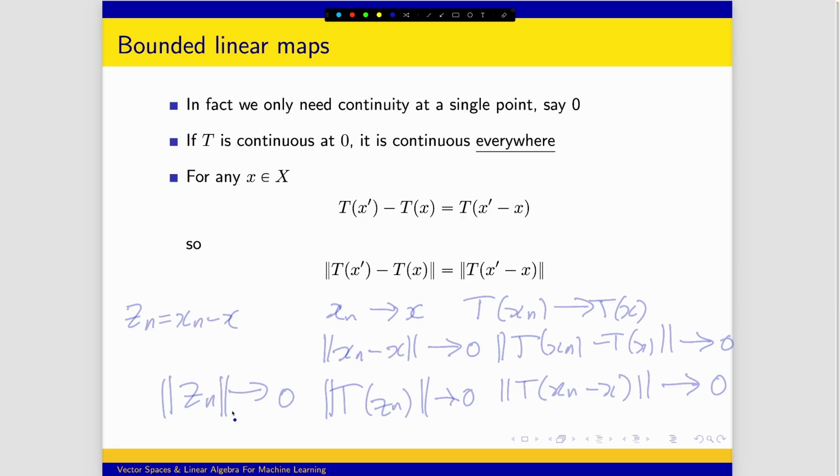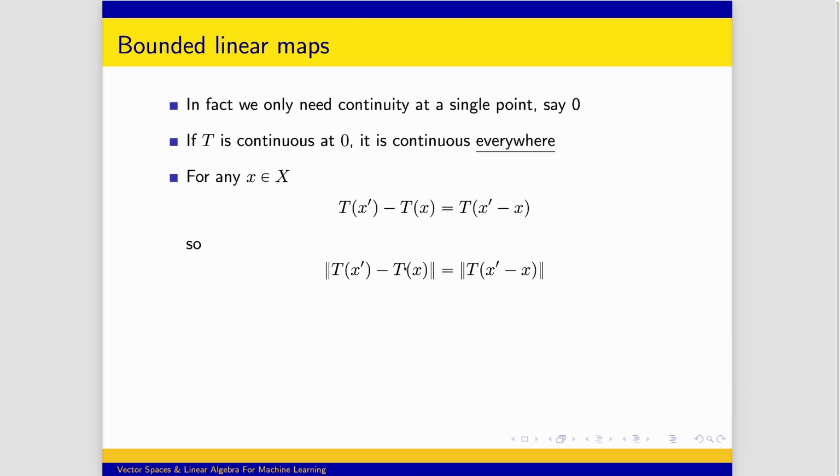But this is exactly the condition we require for continuity at 0. So by using this linearity property, we can show very simply that continuity at any point is equivalent to continuity at 0. So if it's continuous at 0, it's continuous everywhere.